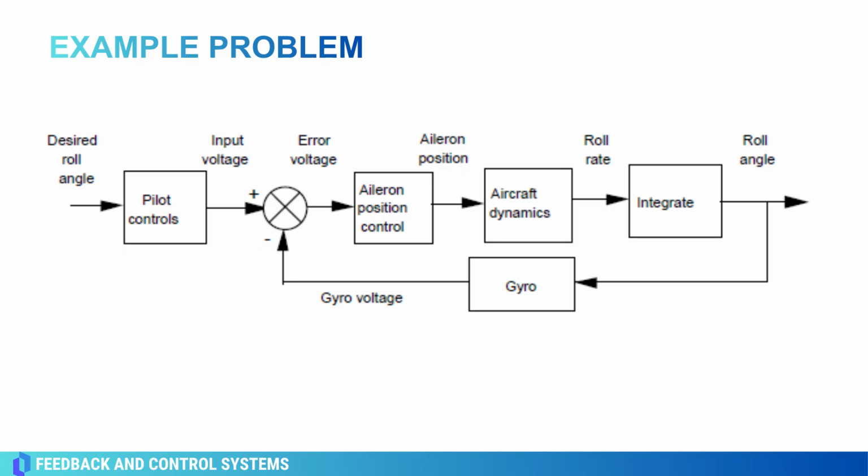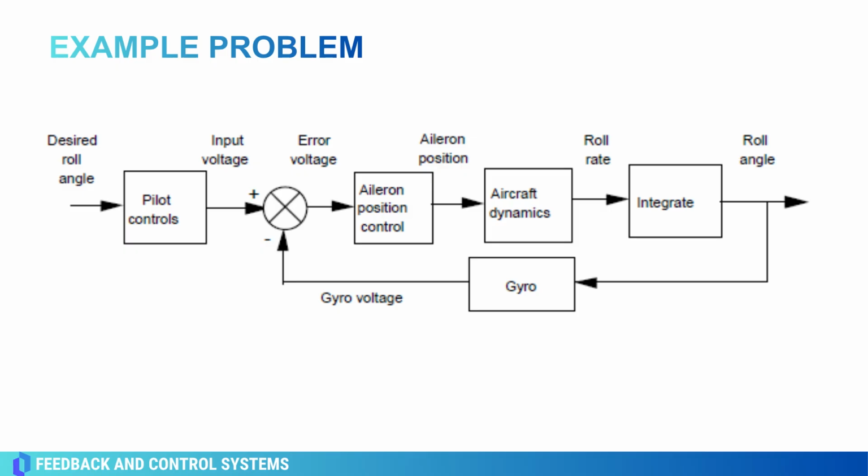The actuator is the aileron servo that physically moves the ailerons. The plant is the aircraft roll dynamics that responds to the aileron movement by rolling. The output transducer is the gyro or the attitude sensor, which measures the actual roll angle. Lastly, the output is the actual roll angle, which indicates the aircraft's actual side-to-side tilt.